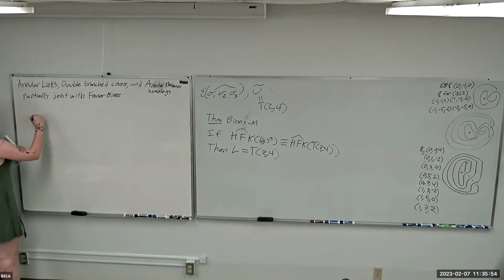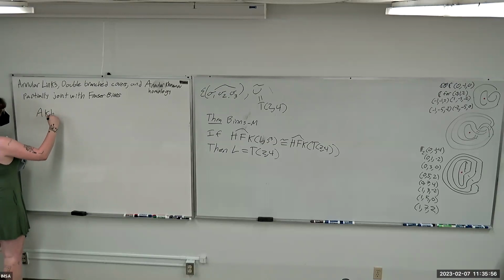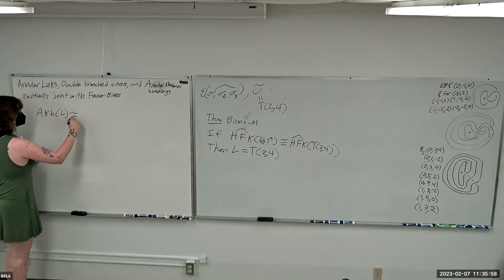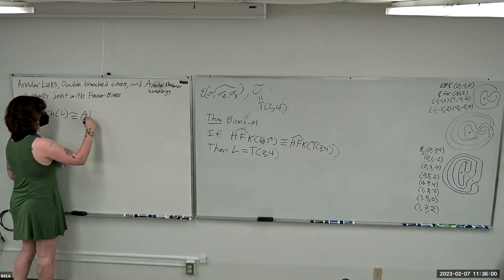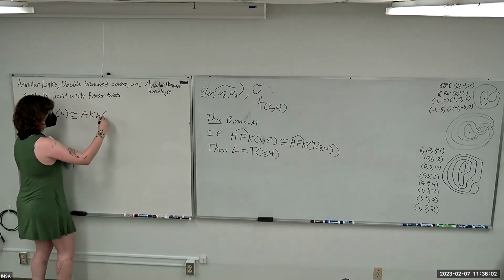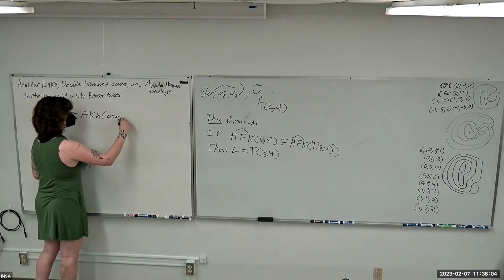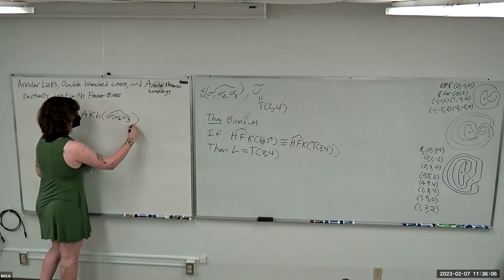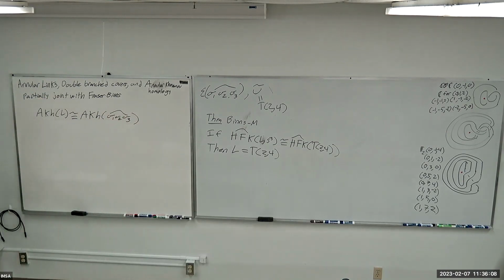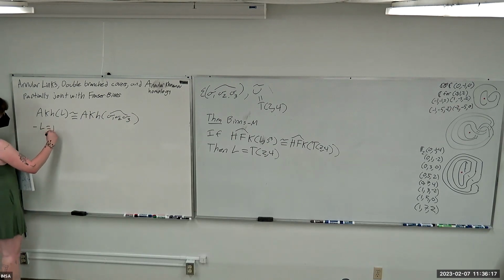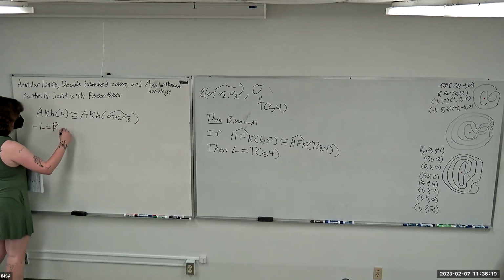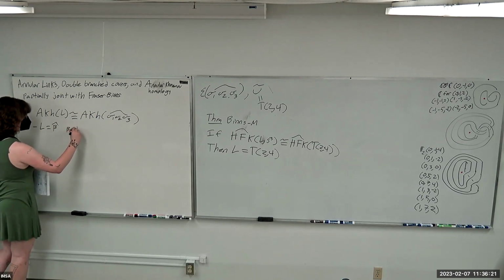Say you have some link L, and you know that the annular Khovanov homology of L is actually the same as the annular Khovanov homology of the closure of sigma 1, sigma 2, sigma 3. What are some things you can learn? Well, maybe remembering what I said about how annular Khovanov homology detects braid closures, we know that L is actually the closure of some 4 braid.